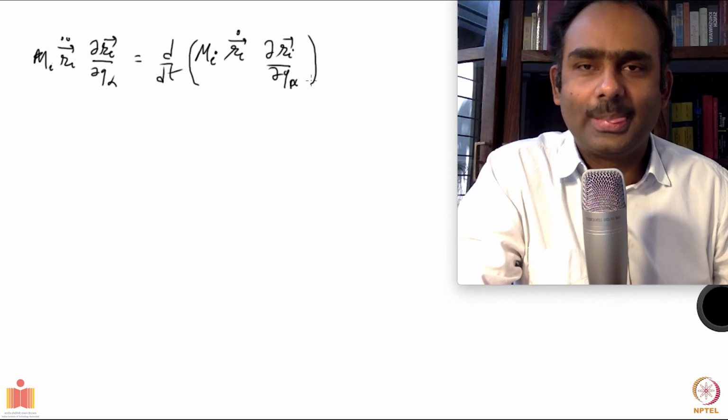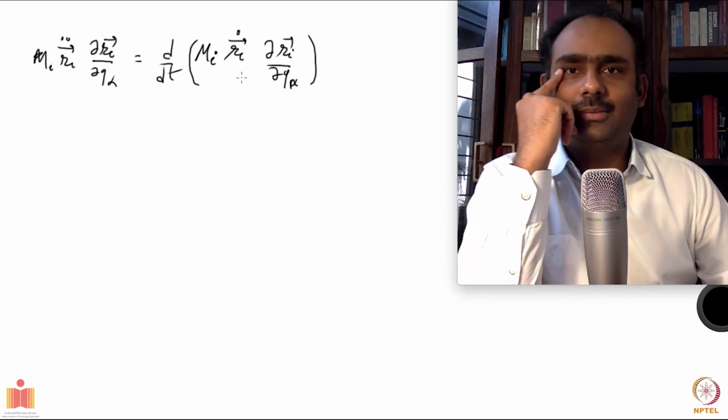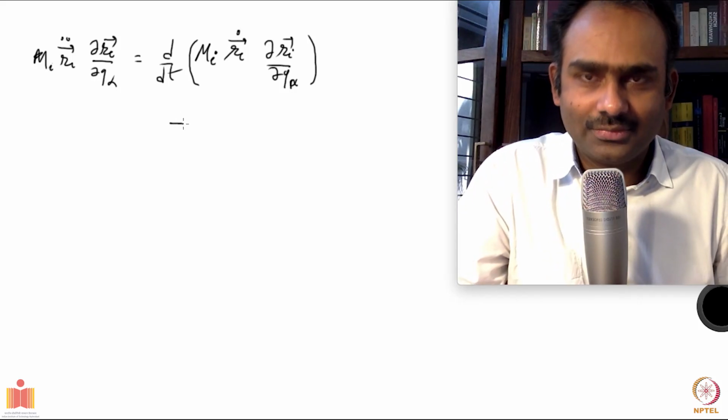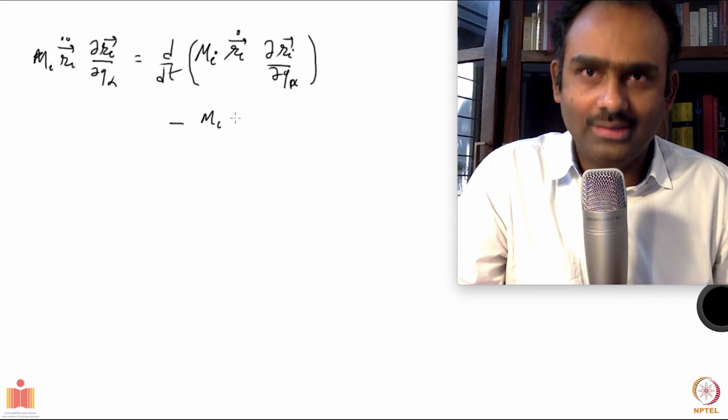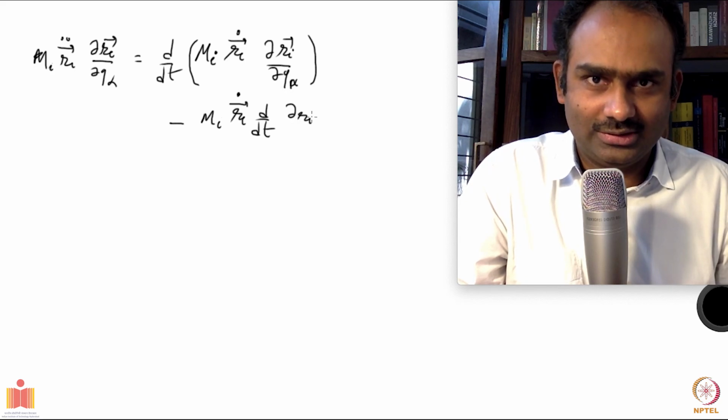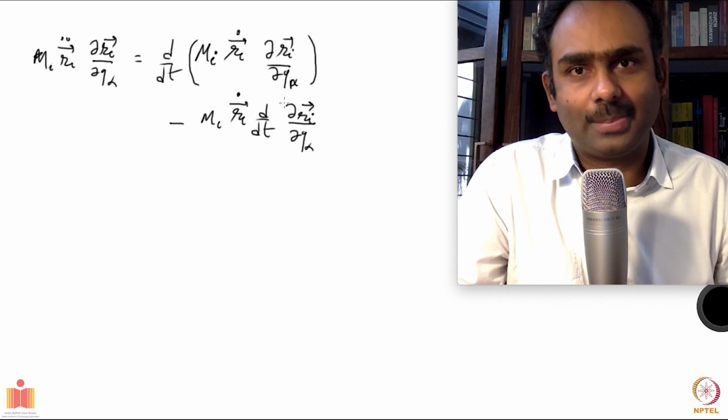Now this will give you the r double dot term, but it will generate an extra term that I will subtract out. So it will have mi ri dot, d over dt acting on this piece, right? That is what is getting generated extra from the first term. That is nice.